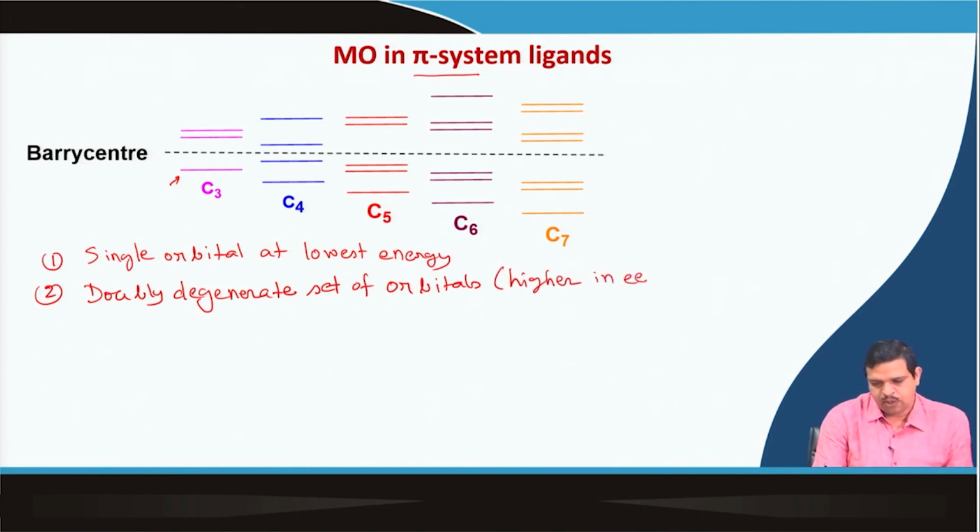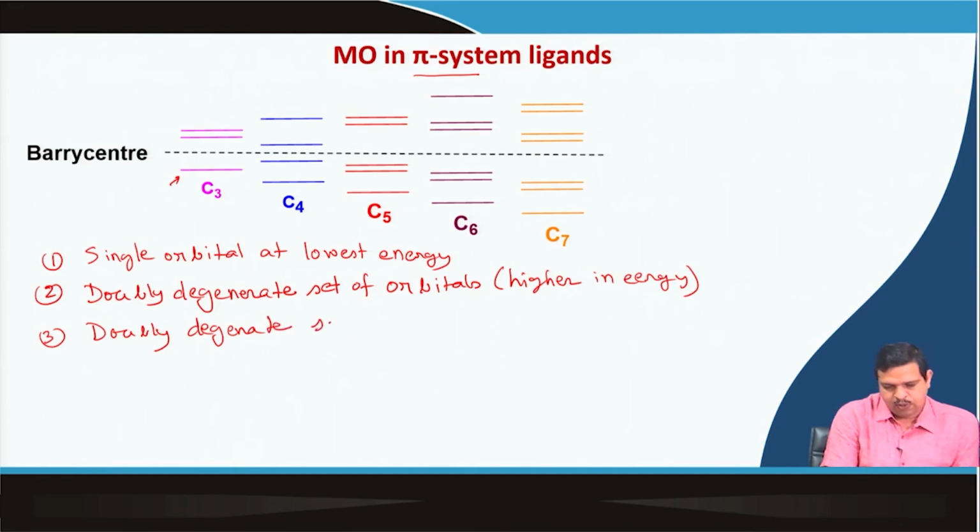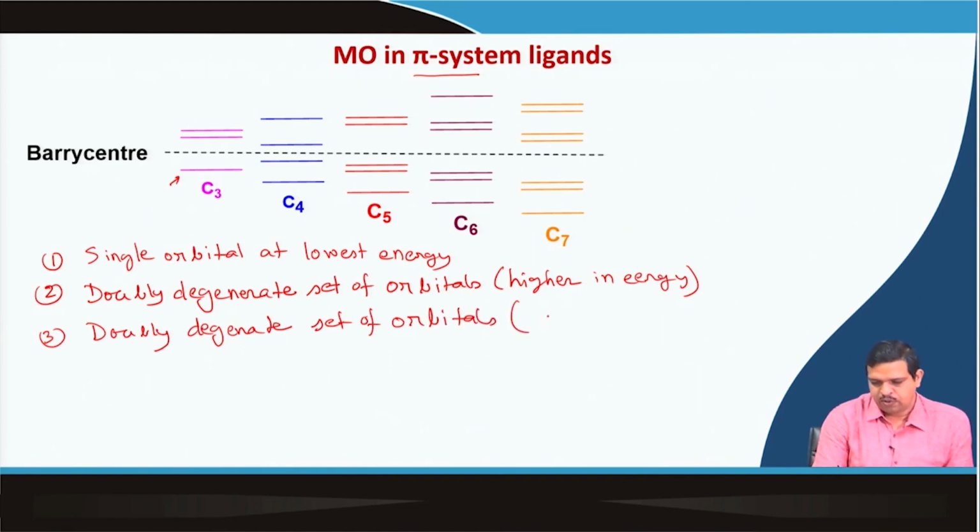Then next again there will be one doubly degenerate set of orbitals, here orbital means all pi orbitals I am telling, again higher in energy compared to this one.